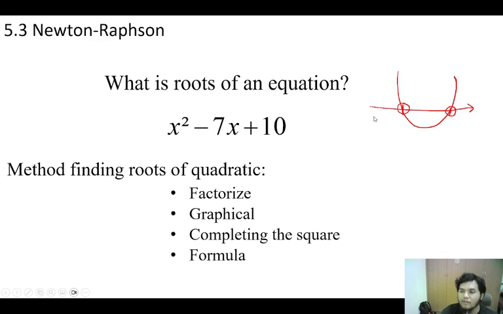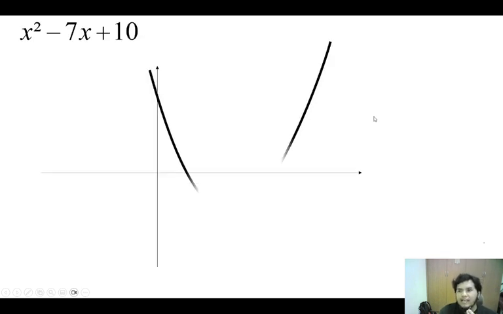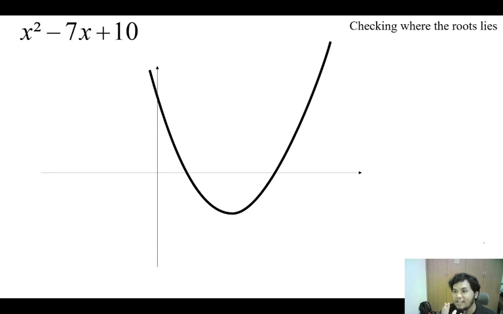Now we move on. Let's say we have the graph of x squared minus 7x plus 10, and I want to check. Don't press EQN on your calculator yet. We just take a random range.